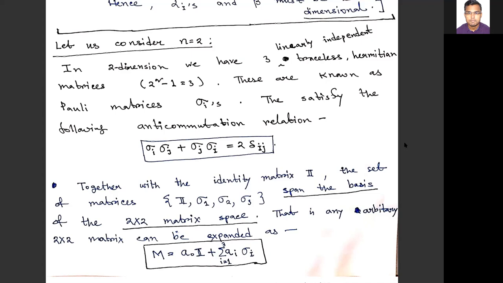So you can write any vector which has 3 components as a linear combination of these basis vectors. In the matrix space also, since matrices are equivalent to vectors and have all the properties of a vector, any arbitrary matrix can also be written in terms of basis vectors.